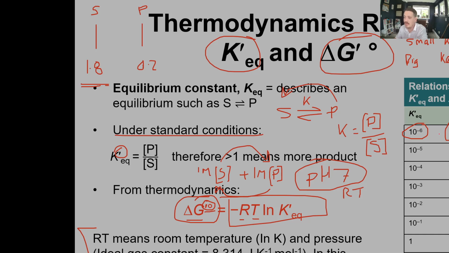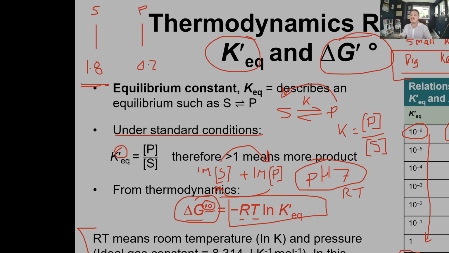And as KEQ increases, so this is the small number getting less small, getting closer to 1, notice that biochemical delta G gets smaller until now we're into a K greater than 1. So it's getting big. Now we're getting to the point where the number is getting big, and thus product is being made, and the biochemical delta G is now getting negative and more negative.